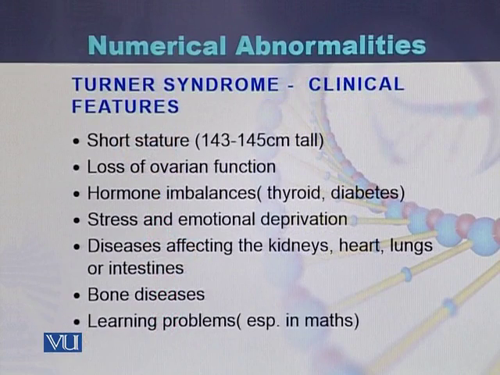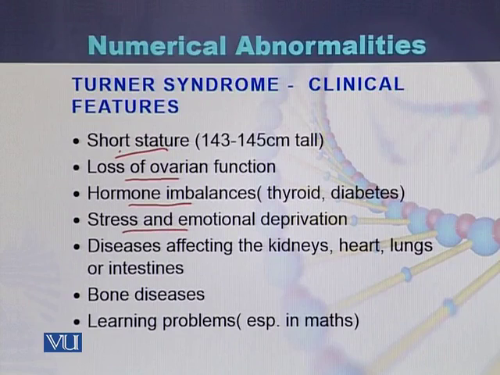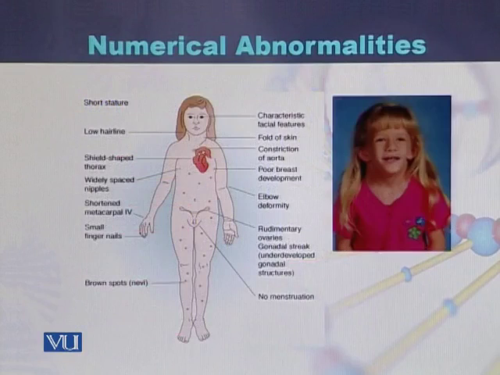In case of Turner syndrome, the clinical features of the affected individuals are short stature, loss of ovarian function, hormone imbalances, stress and emotional deprivation, diseases affecting the kidney, heart, lungs and intestine, bone diseases, and there will also be learning problems with these children. So these are the features which can be seen in children that have Turner syndrome.